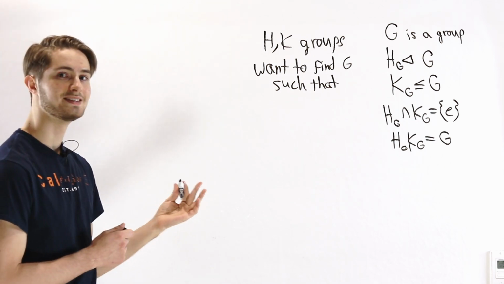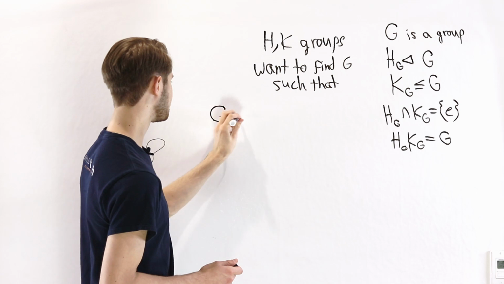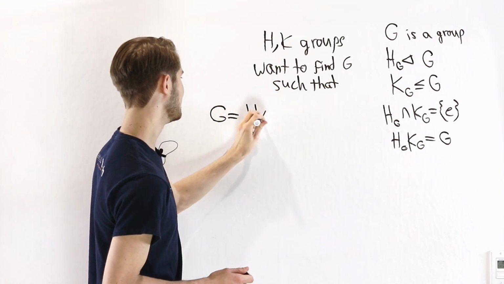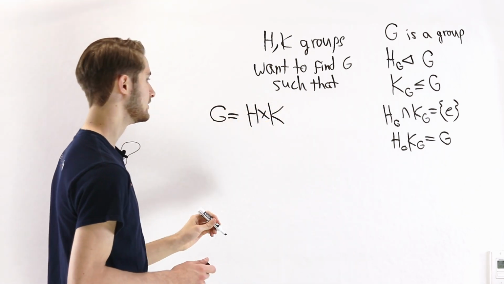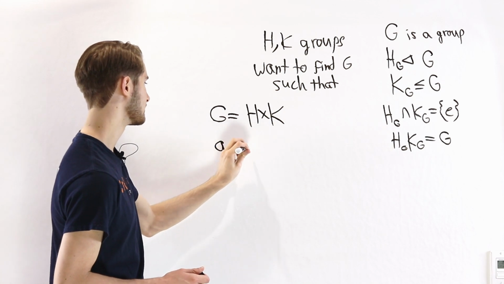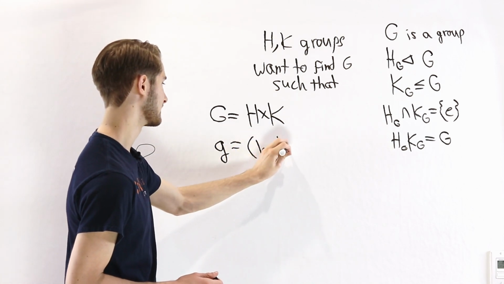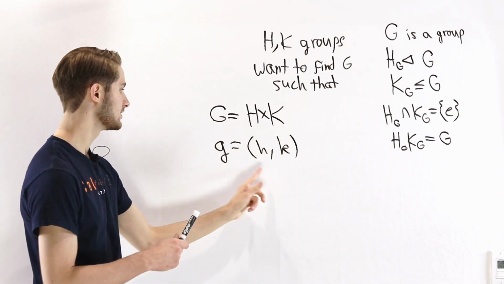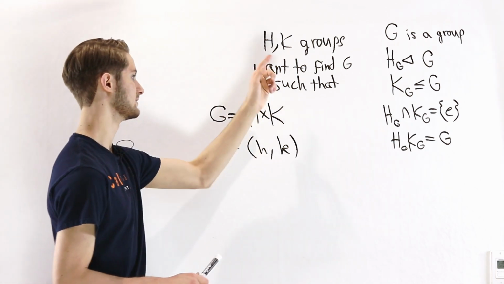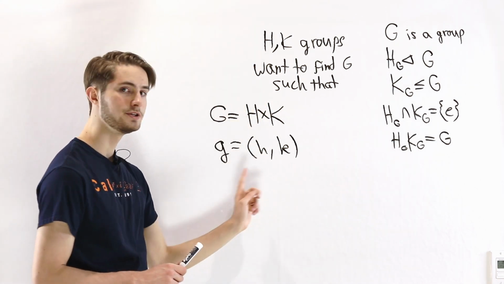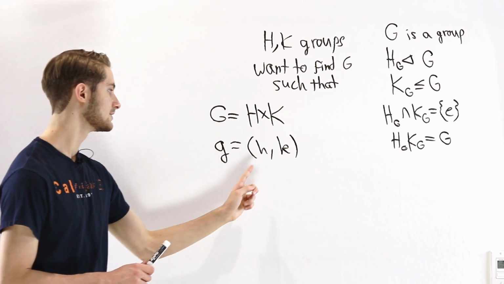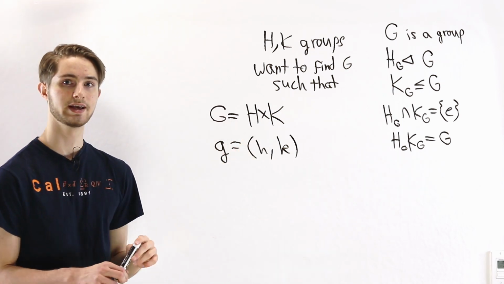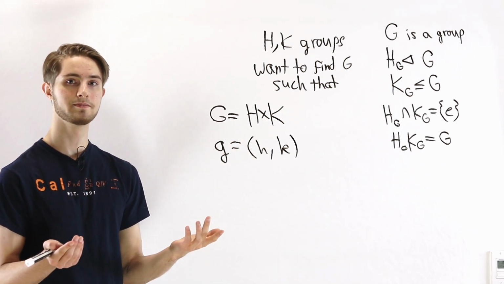So we can say that the set of elements, G, is going to be the set H cross K. So every element in G is going to look like (H, K) for some H that's in the first subgroup and K that's in the second subgroup. Now we don't necessarily need to worry about multiplying H and K together because we can keep them separate.